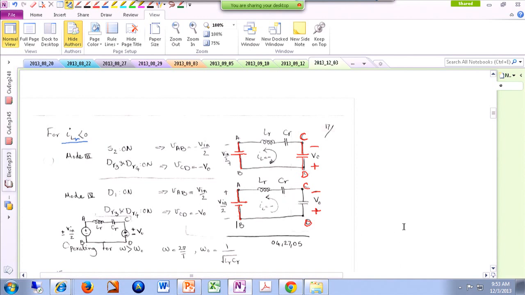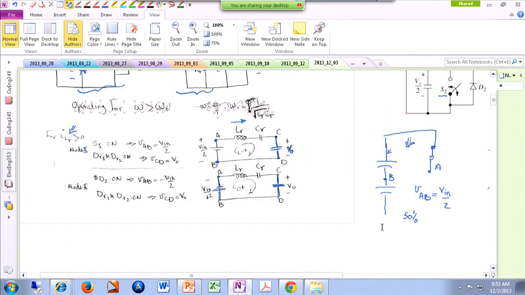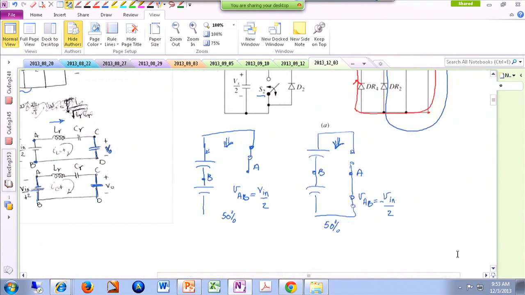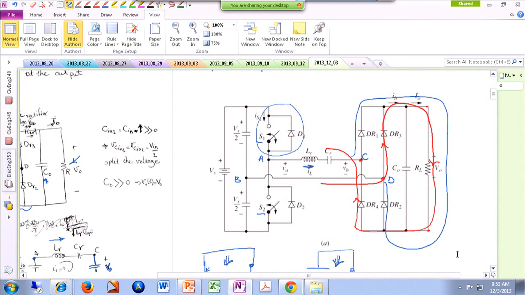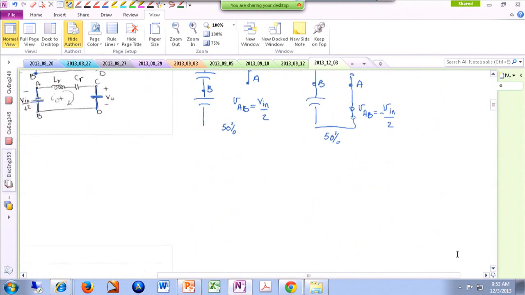But if you want to summarize all of these modes, you can argue that a large system like this, a large converter like this, could be modeled with a network like this.